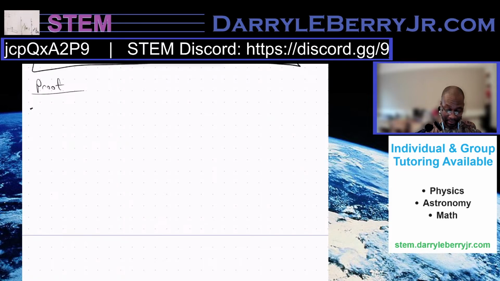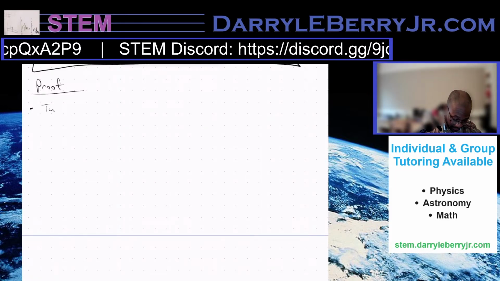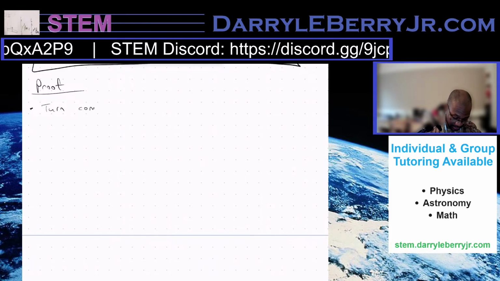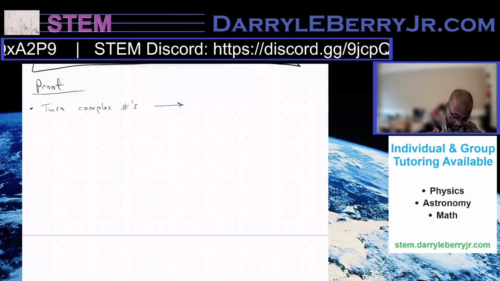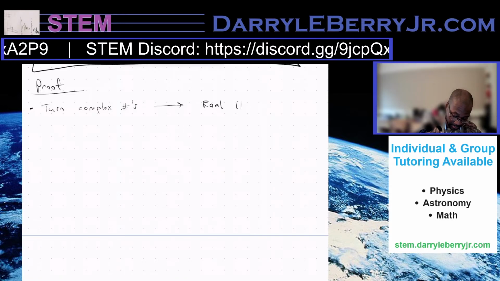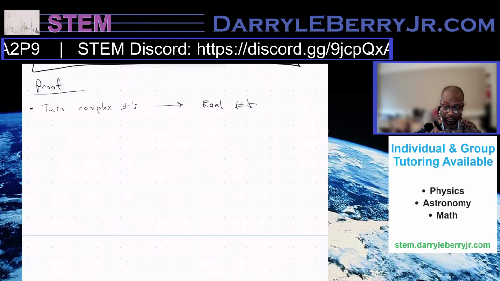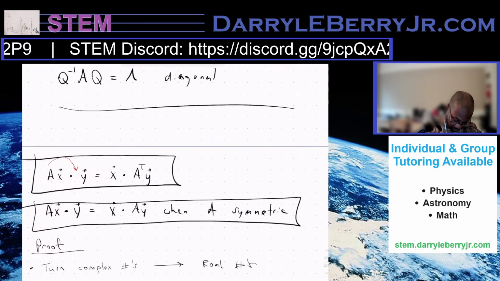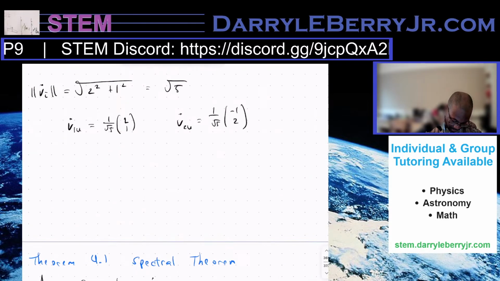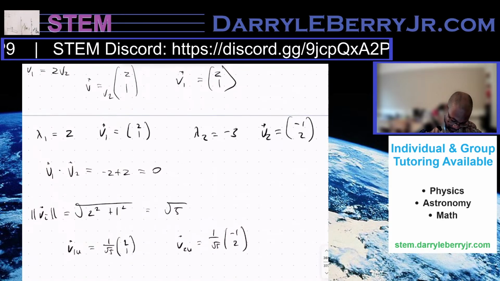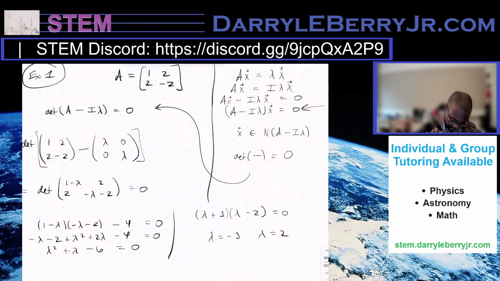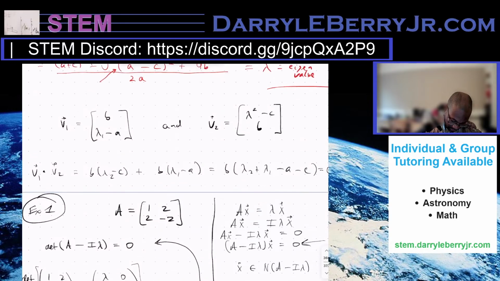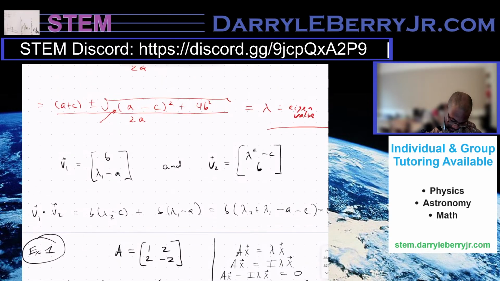So now we have to turn complex numbers into real numbers. I didn't actually go through the details of how they got lambda out of these variables here.